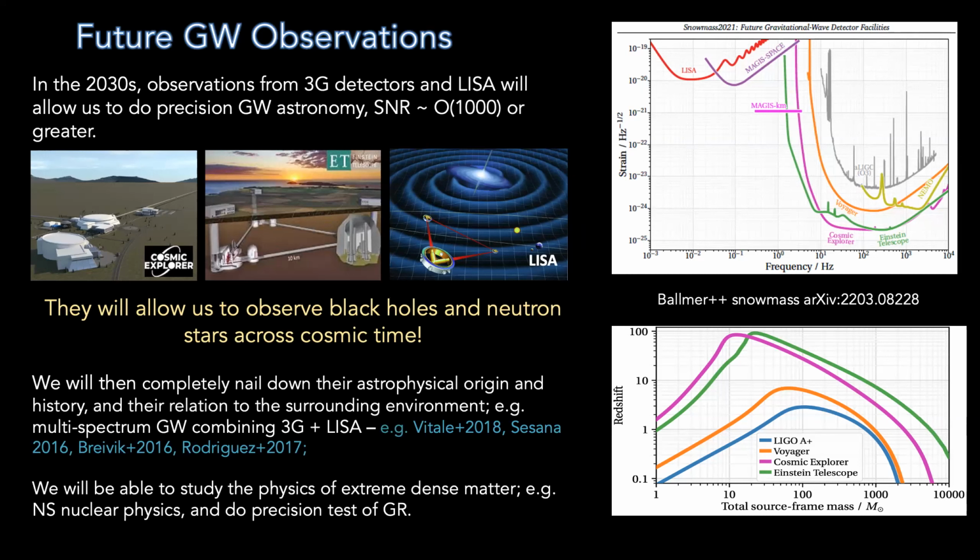Do learn a lot about nuclear physics, do precision tests of general relativity. So it's really exciting. In these plots, you can see the sensitivity of these detectors, the various detectors, and that they can reach that far really into the universe.